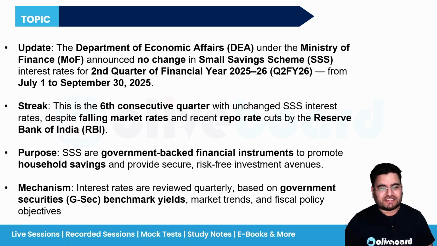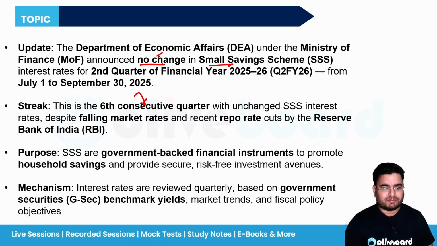So there are many small saving schemes. Okay, we have the Kisan Vikas Patra, the Sukanya Samriddhi, the Public Provident Fund. Okay, so there has been no change in the small saving schemes. Please remember this thing. And this is the sixth consecutive quarter where the interest rate on the small saving schemes has been unchanged.